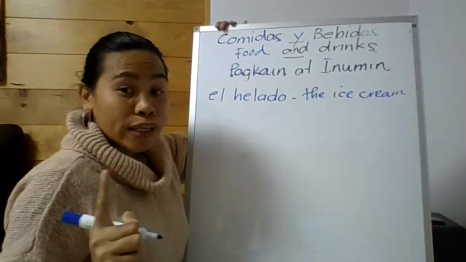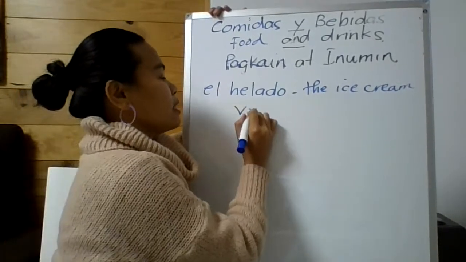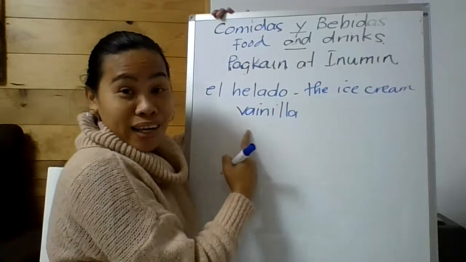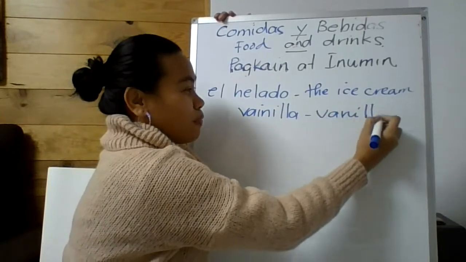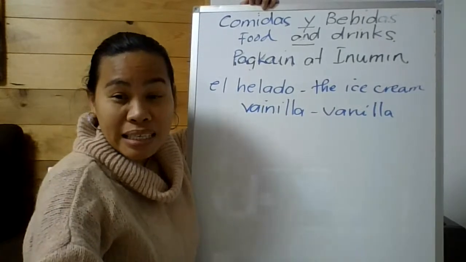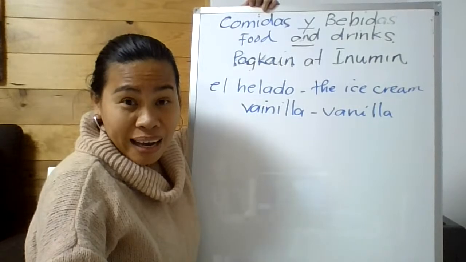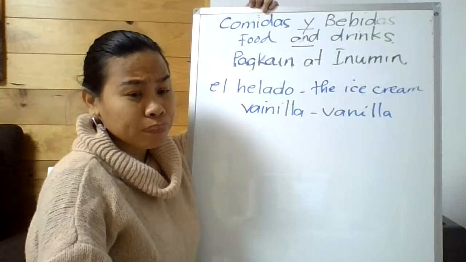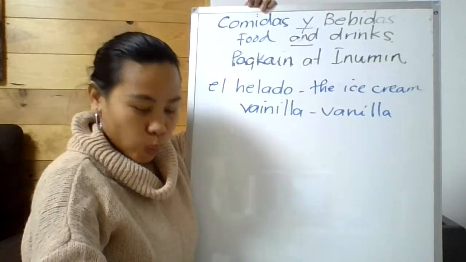And then, for example, flavor, sabor, vanilla is vainilla. In English, vanilla. If you want a vanilla flavor, they say vainilla. Quiero un helado de vainilla o de coco, the coconut ice cream flavor.